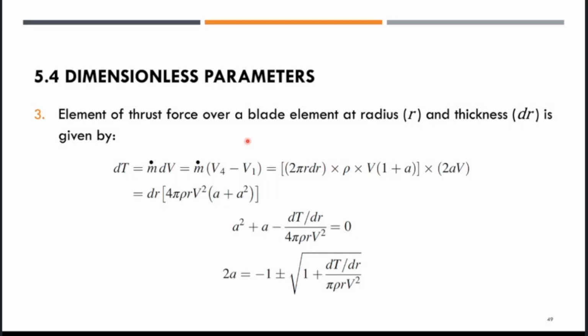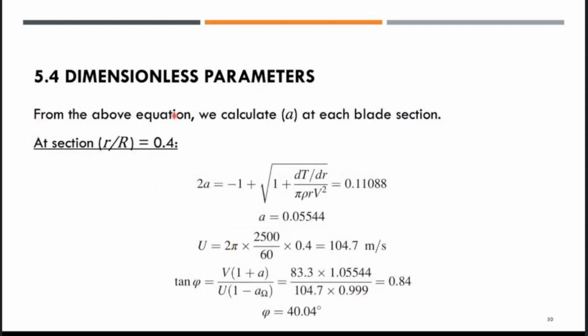Going into the third question in this example, the element of thrust force over a blade element at radius r and thickness dr is given as follows. We can then use the expression for 2a over here, and to continue from the above equation, we can calculate a at each blade section. For blade section 0.4, you put the value of 0.4 in the equation.